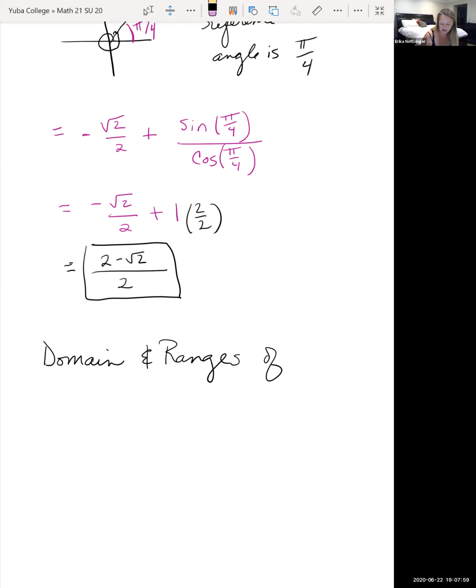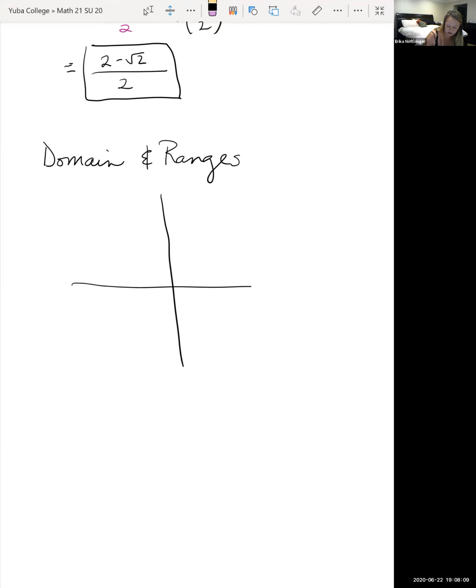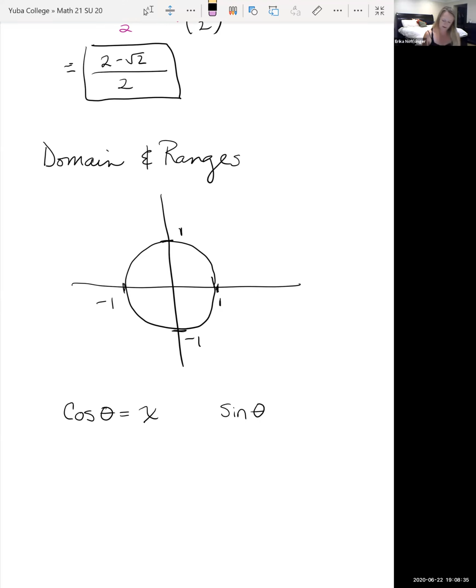Let's start with cosine and sine. Well, if we think about it with a unit circle, and we said that cosine of theta was equal to x, and sine of theta was equal to y.